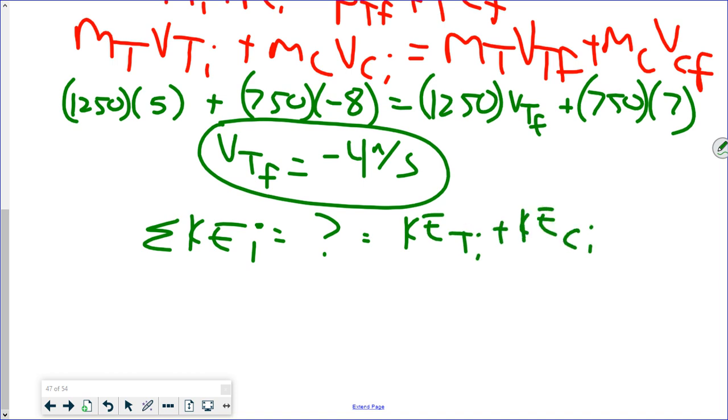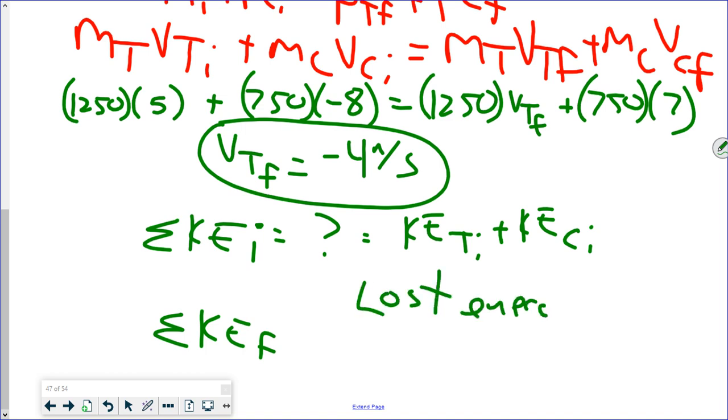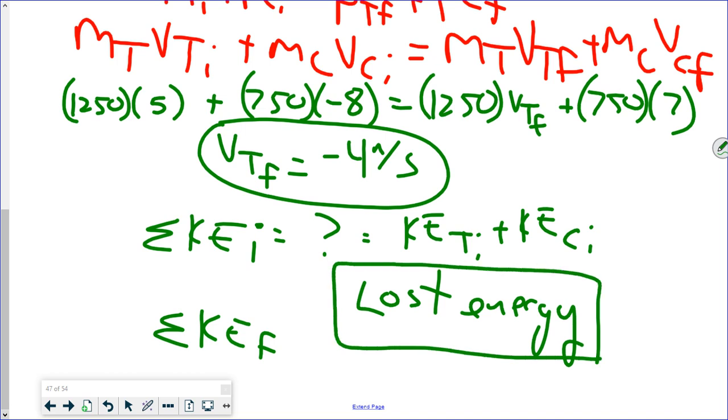That's going to give you a number. Then do the same thing after the collision and compare. What you'll discover is that during this collision, we lost energy. And as a result, it is inelastic.